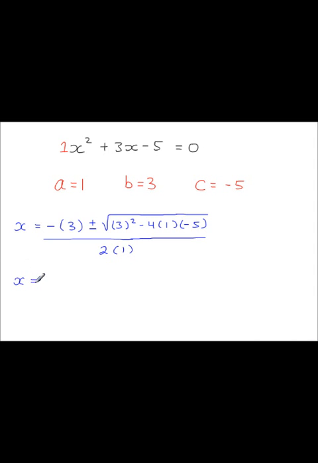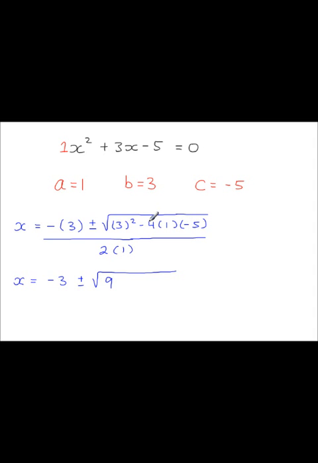So x is equal to minus 3 plus or minus the square root of, 3 squared is 9, and this minus times this minus will give you a positive value.